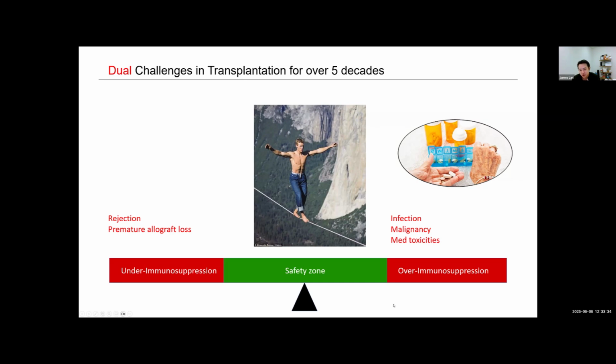And the problem for these patients is that their safety zone is very narrow. If they're not well matched, we have to use a lot of immunosuppressant, and the risk of infection, cancer, and toxicities go up, which then leads us to reduce their immunosuppressant, and all of a sudden they're under-immunosuppressed, and then graft rejection and graft loss occurs. So it's very difficult to balance the two for many of our patients.